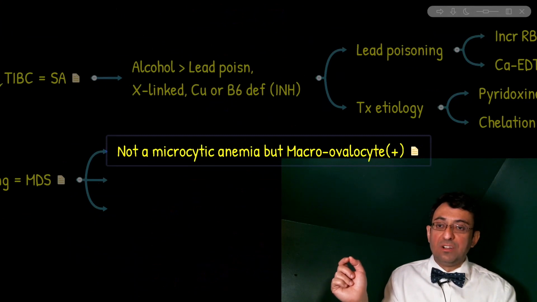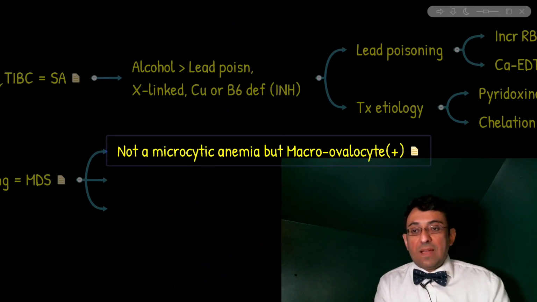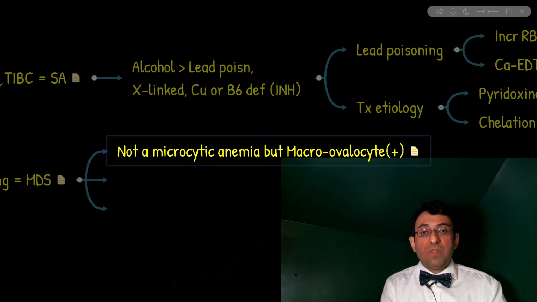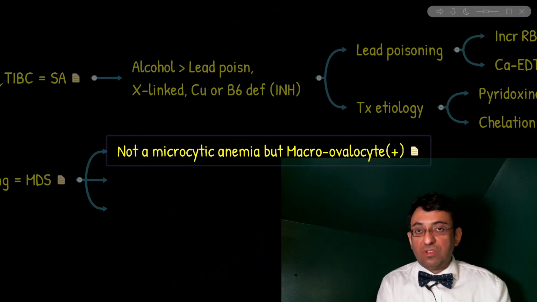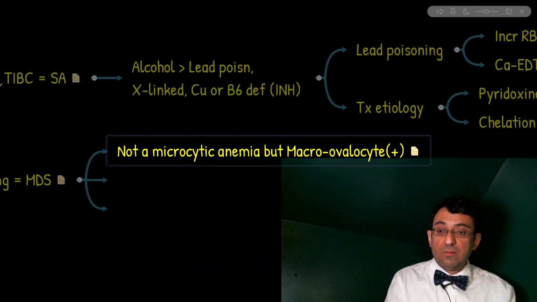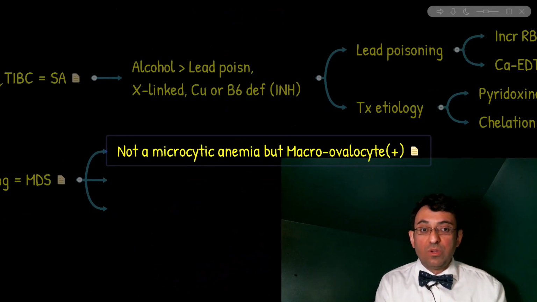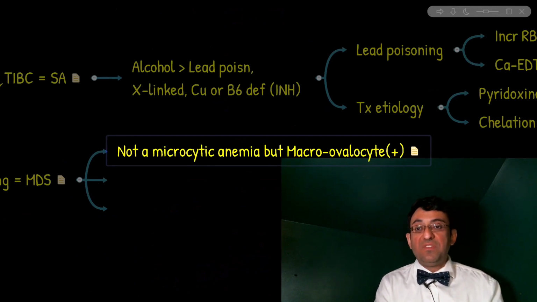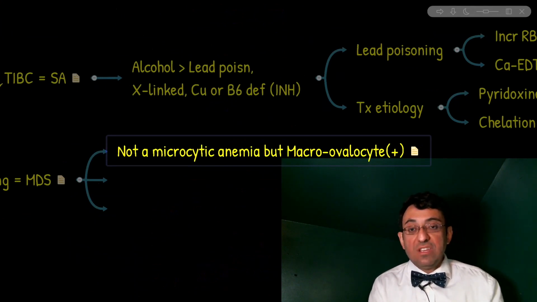What's the pathogenesis of myelodysplastic syndrome? Remember, maturation arrest of non-lymphoid cell lines. And what is the hallmark in CBC? We could have basophilia. And what is the third complication? Transformation into acute myelogenous leukemia.